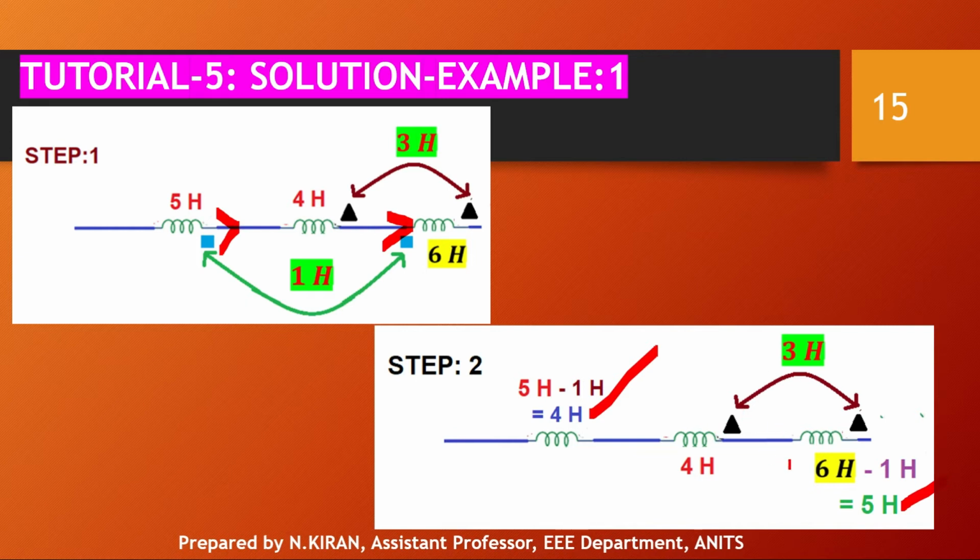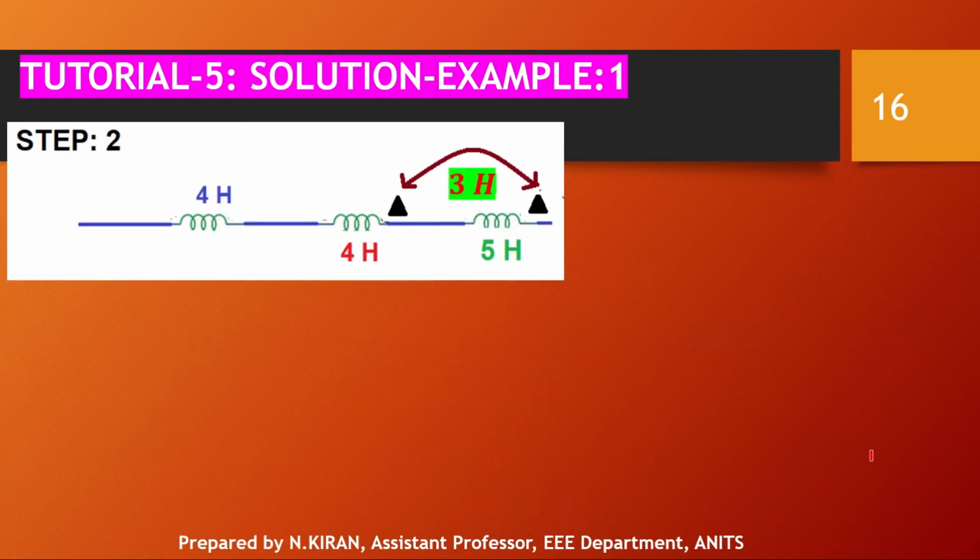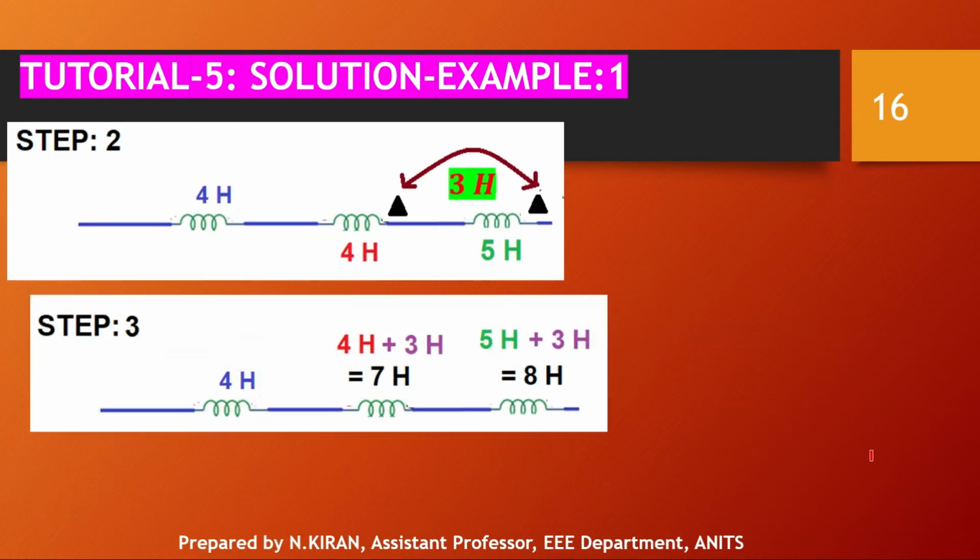So I am left with one more coupling. Here current is leaving the dotted terminal, in the third coil also current is leaving the dotted terminal, hence it is exhibiting series aiding. So I'll add the value of M, 3 Henry, to both second coil as well as the third coil.